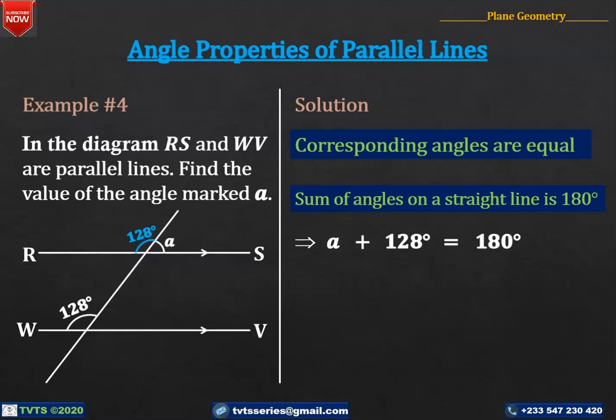Grouping like terms, we have A equal to 180 degrees minus 128 degrees, which is 52 degrees. Therefore, A is equal to 52 degrees.